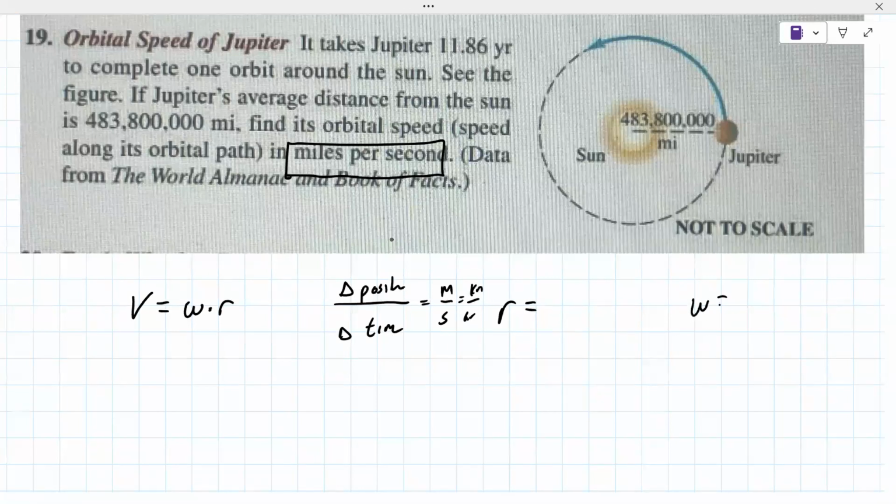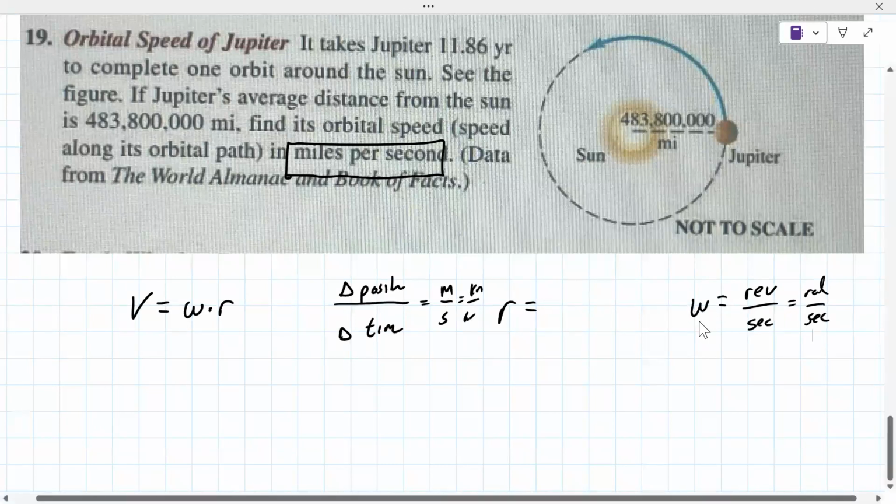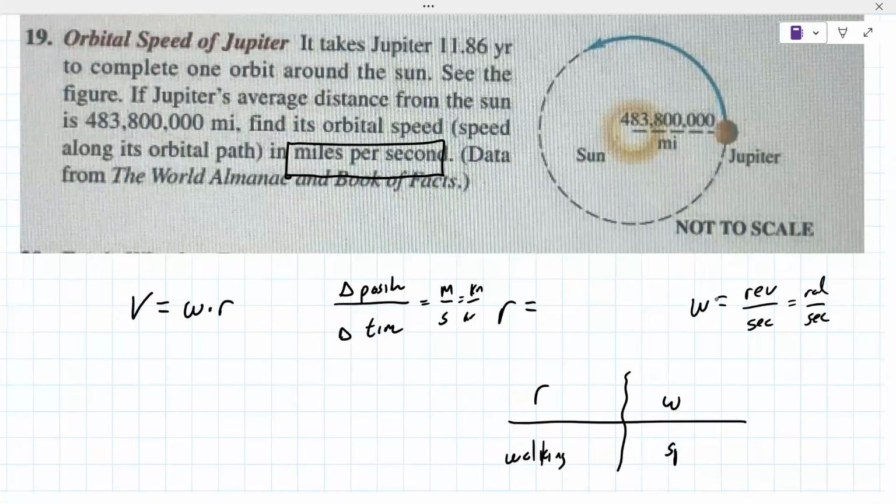W has units like revolutions per second or radians per second. It's rotation. Think of yourself. The difference between R and W, maybe that's what's unclear here. R is you walking, W is you spinning. Okay, yeah. All right.